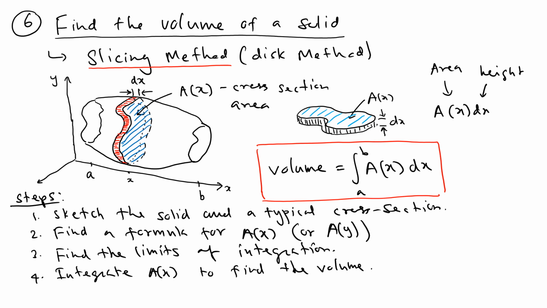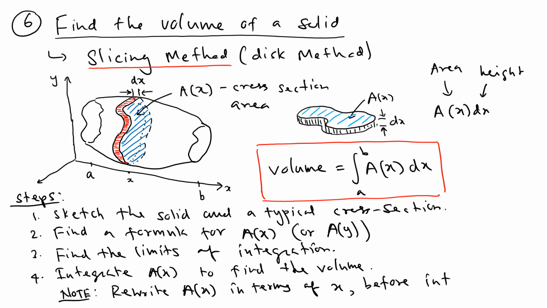So I'm going to write a note. Sometimes we try to find A(x), but it is a function of y. So you cannot do that. So what you need to do is rewrite A(x) in terms of x before integrating, because you cannot have two different variables, you should have just one variable.